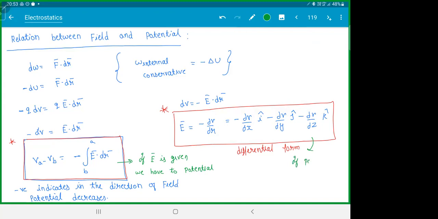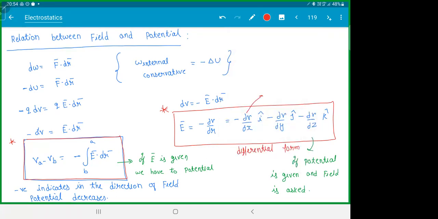If potential is given and they ask you to find field, use the differential one.